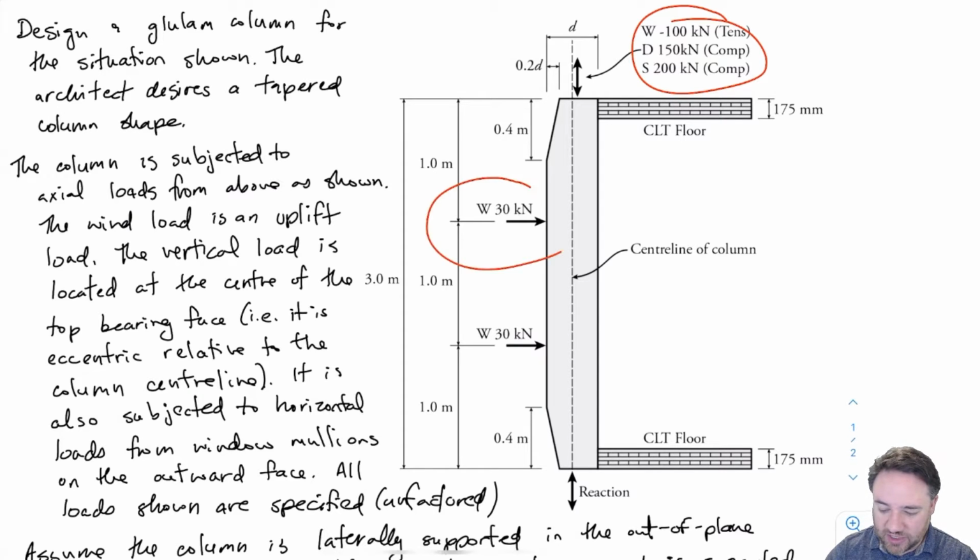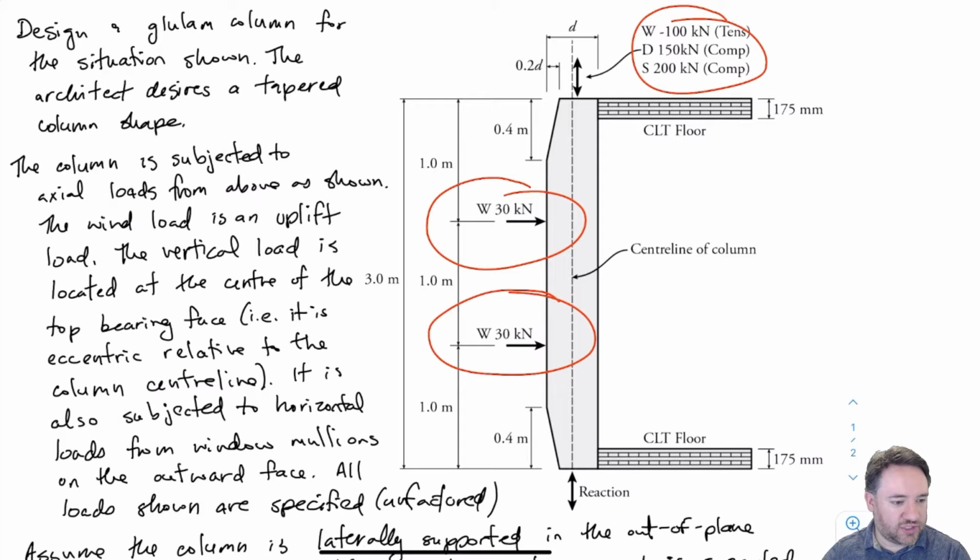And it also has lateral loads, which in this case are coming from window mullions, which are the horizontal members of a window frame that are carrying the load from the windows to the beam column, which then carries those loads to the rest of the structure.